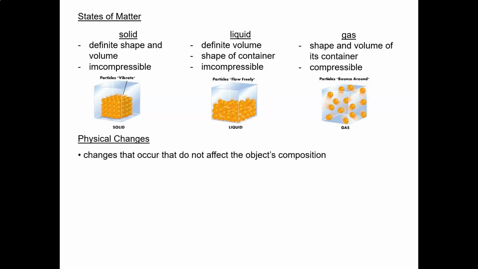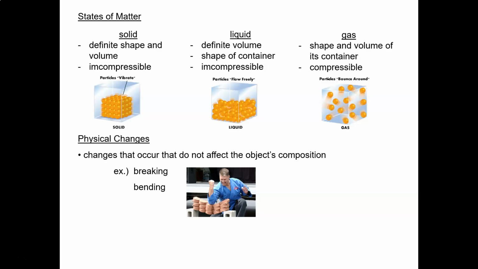So, a physical change. We just mentioned physical properties. If you make a physical change to something, that's a change that does not affect the object's composition. So if you break something, you might have pieces of it, but you didn't affect what it's made out of.